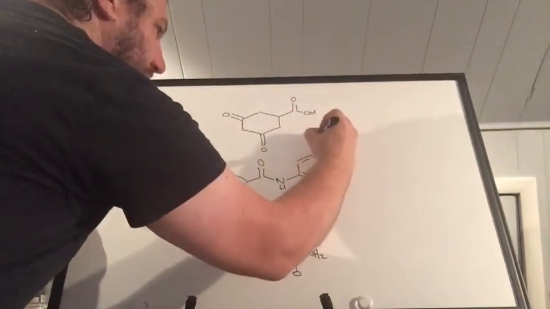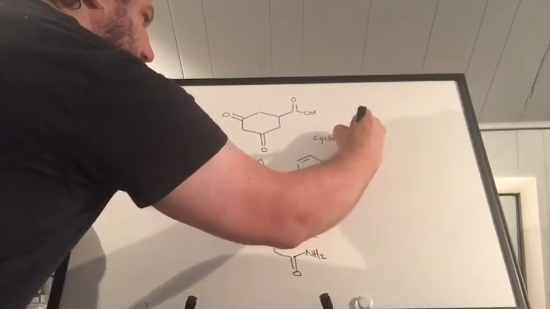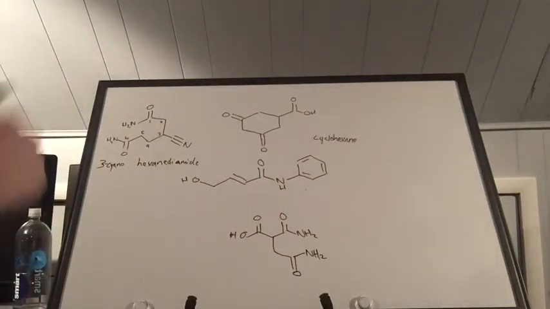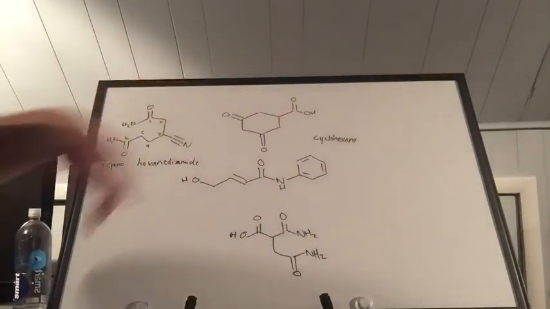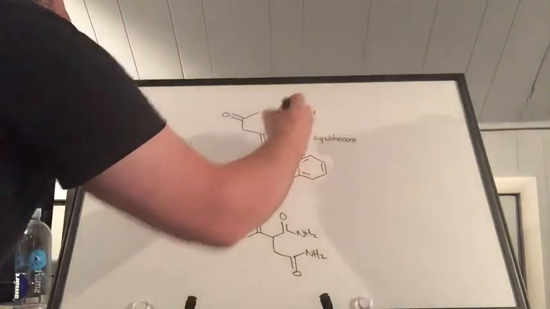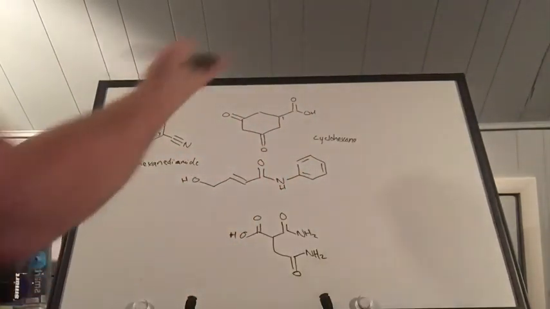So cyclohexane. Now, the carboxylic acid moiety is going to be the number one or highest priority, so we would label this as 1. Doesn't really matter which side we go, it's going to be symmetric on both sides.